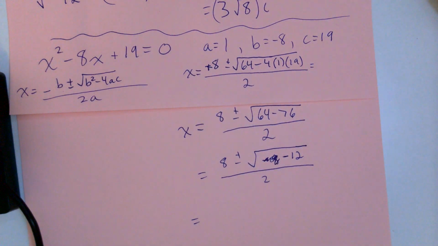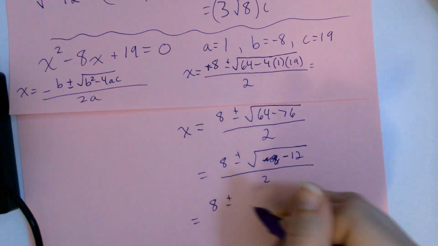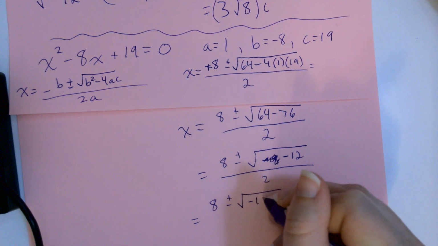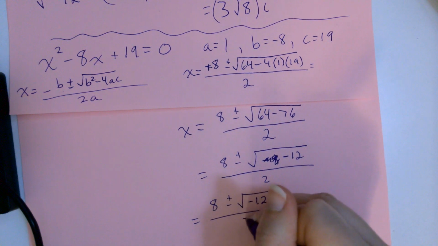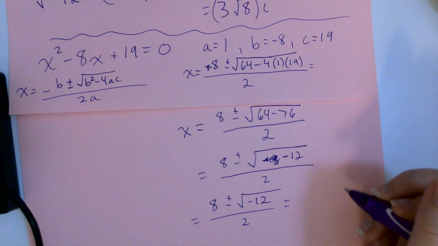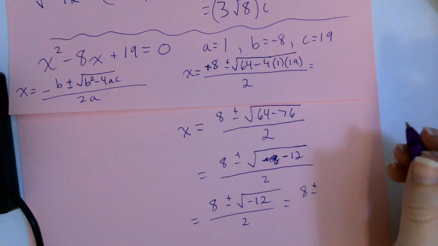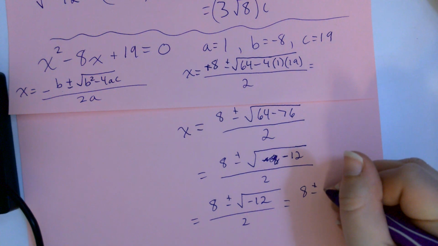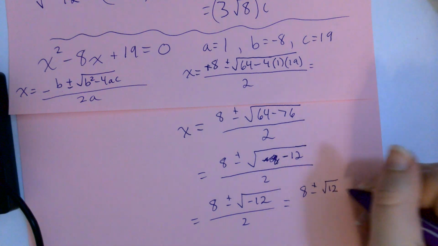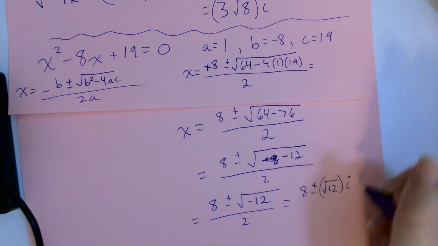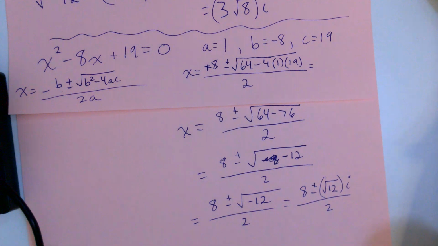So I'll just rewrite this since I messed up there. 8 plus or minus the square root of -12 over 2. And then we can write that in terms of i. So this is going to be the square root of 12 times i over 2.